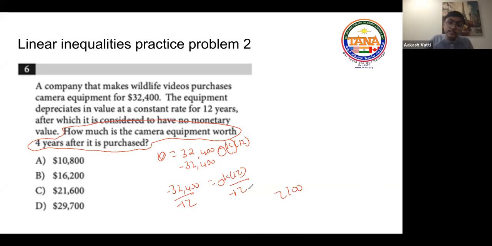Since you know the original equation is v equals 32,400 minus k times t, and since you know what k is, that's what we just found here, you have v equals 32,400 minus 2,700 times t. Then you can just plug 4 in, and it should all subtract up to 21,600. Oh, okay. Thank you.